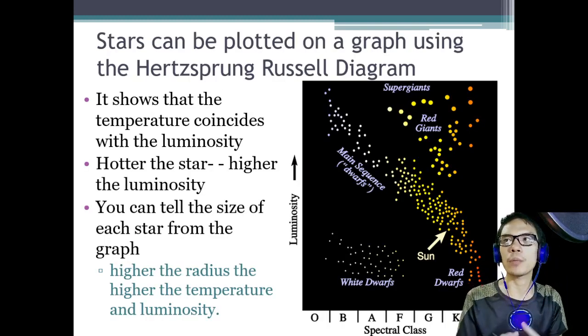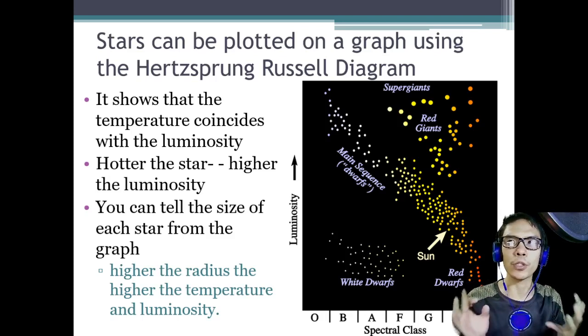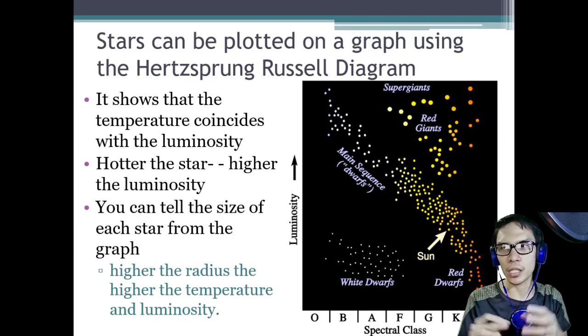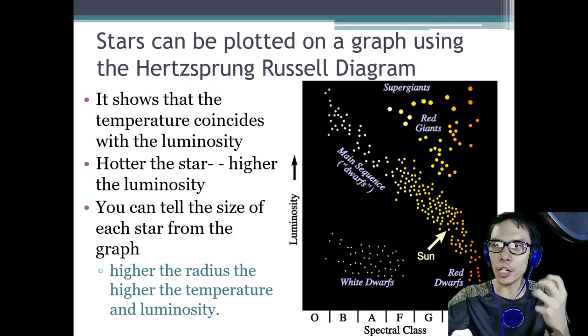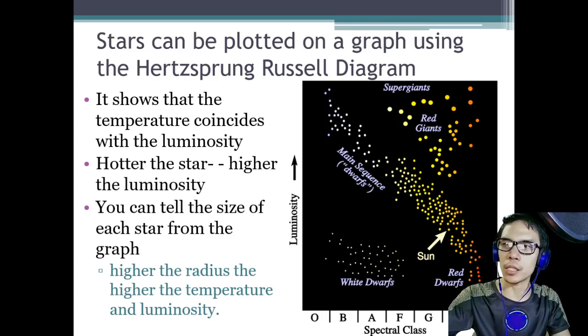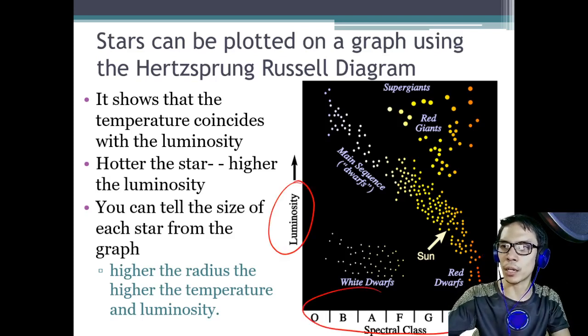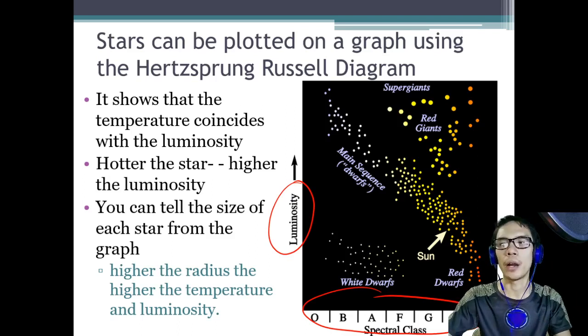Now, in measuring the brightness of the stars, you can also plot them in a standard graph called the Hertzsprung-Russell diagram. So what does the Hertzsprung-Russell diagram tell us? It contains data on the luminosity of the star and the spectral class of the star, or its color.